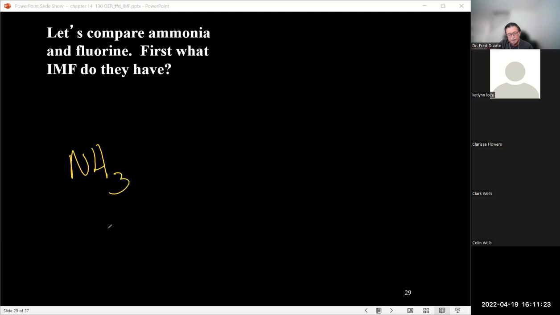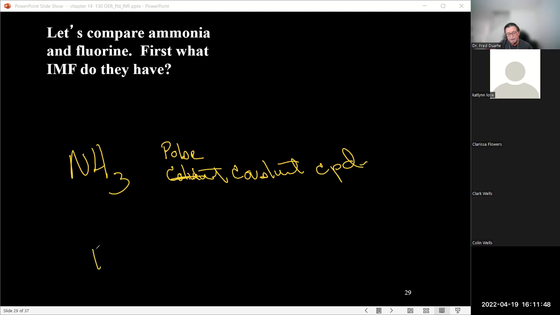We know that this is a polar covalent compound. And fluorine is diatomic, and so it is nonpolar.